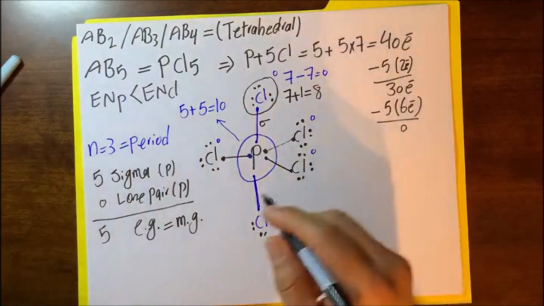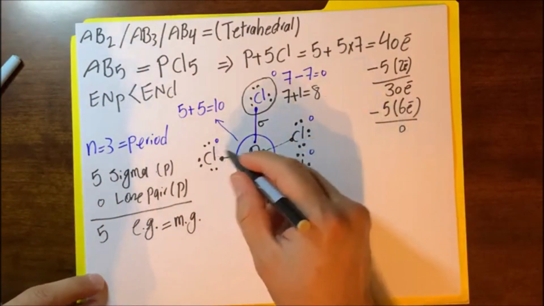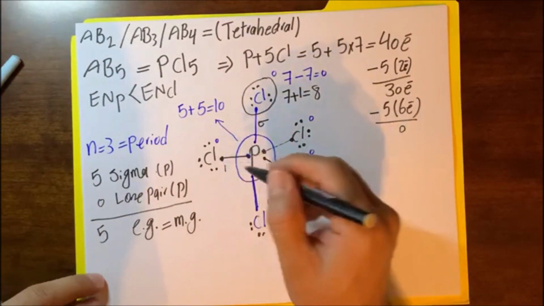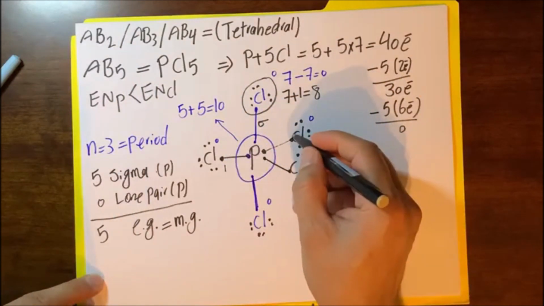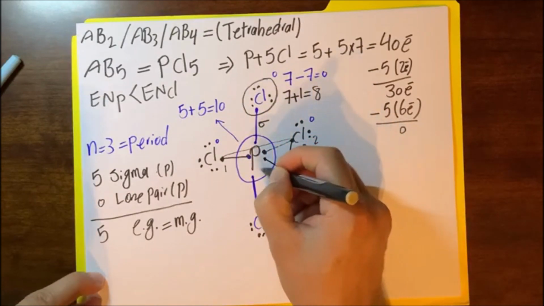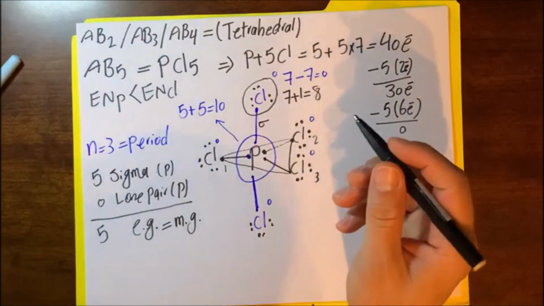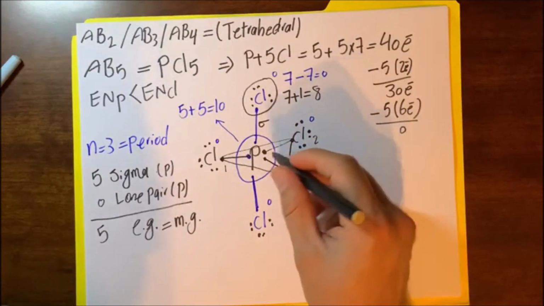And now what's the electron geometry? I said we put 3 of them inside the plane. Let's call it 1, 2, 3. These 3 chlorines, if you connect them, you will get a triangle plane. Okay, so this one is a triangle.